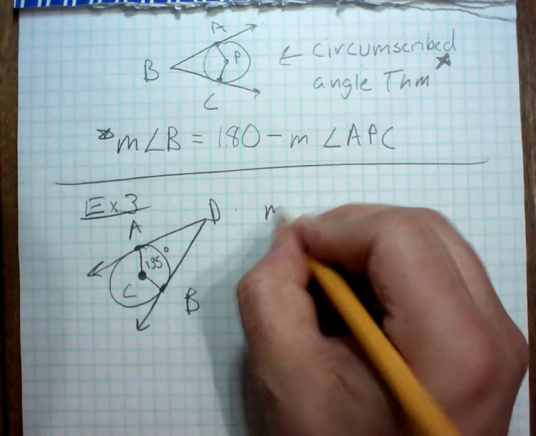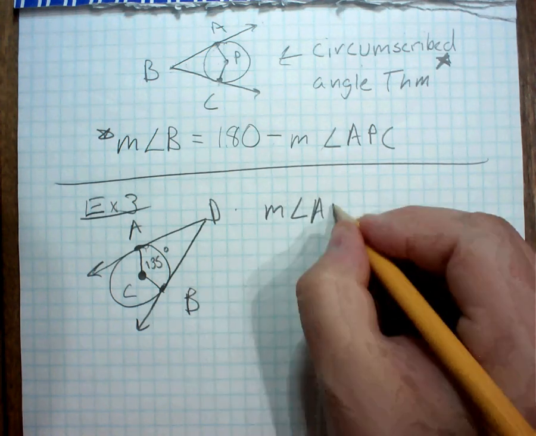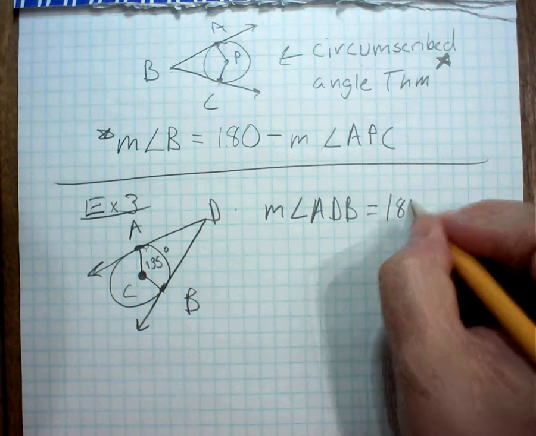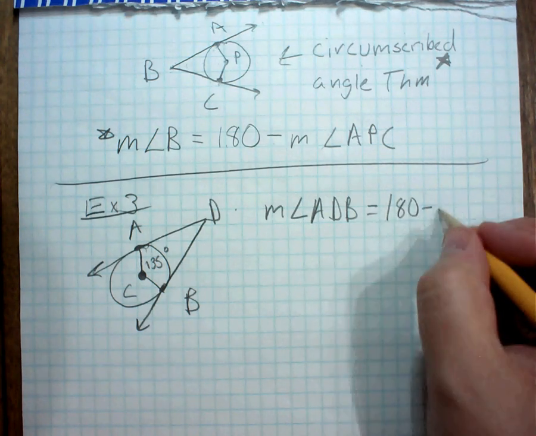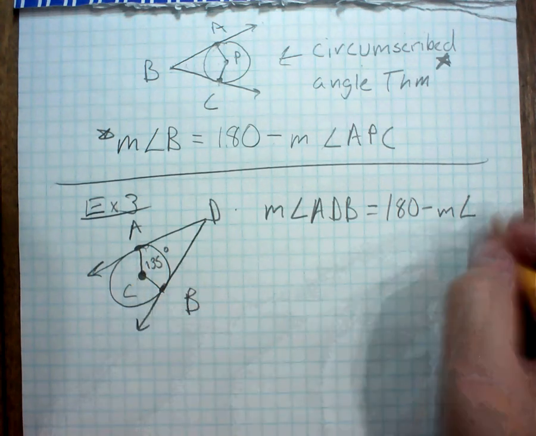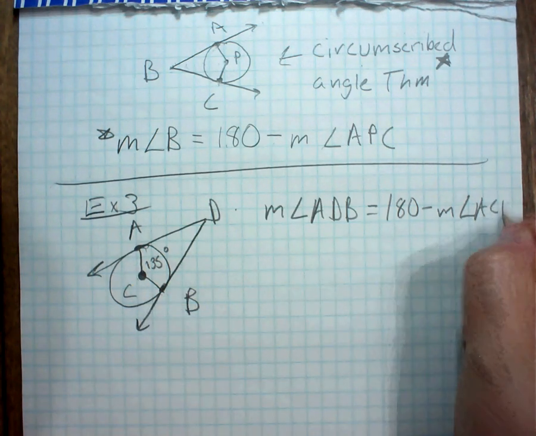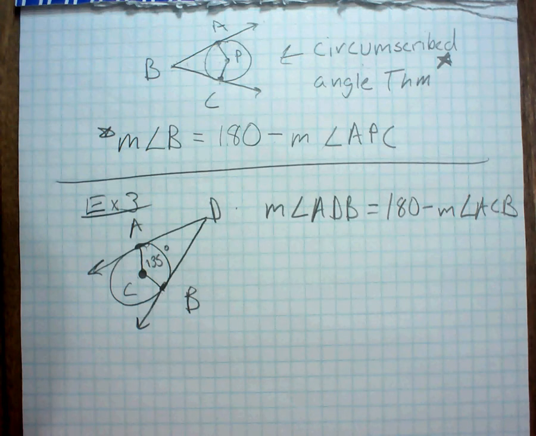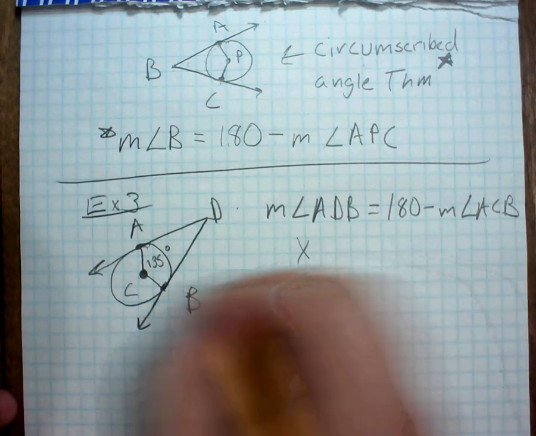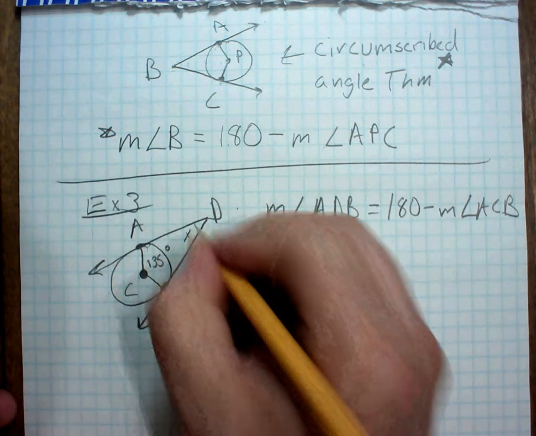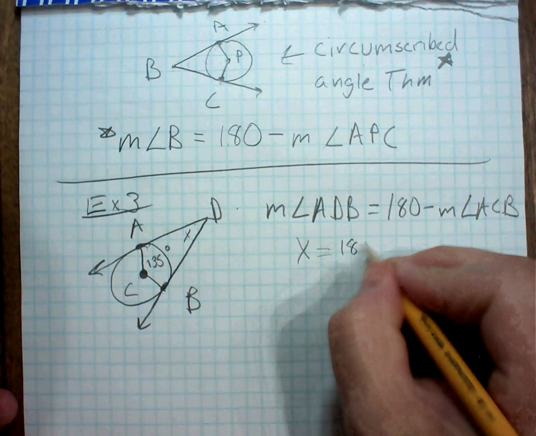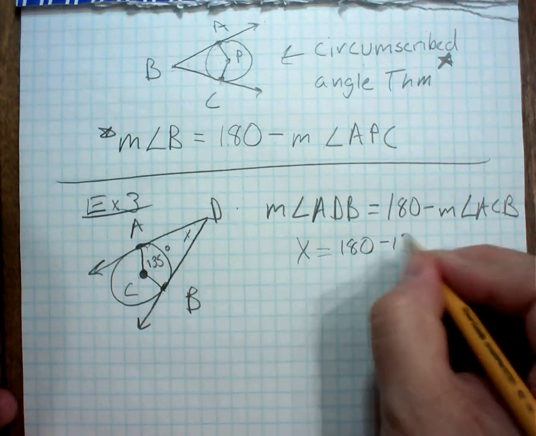So to find the measure of ADB, the formula is 180 minus the measure of the central angle. In this case, it would be ACB. So that's not that hard. This is X, because they wrote that this was X, is equal to 180 minus the 135.